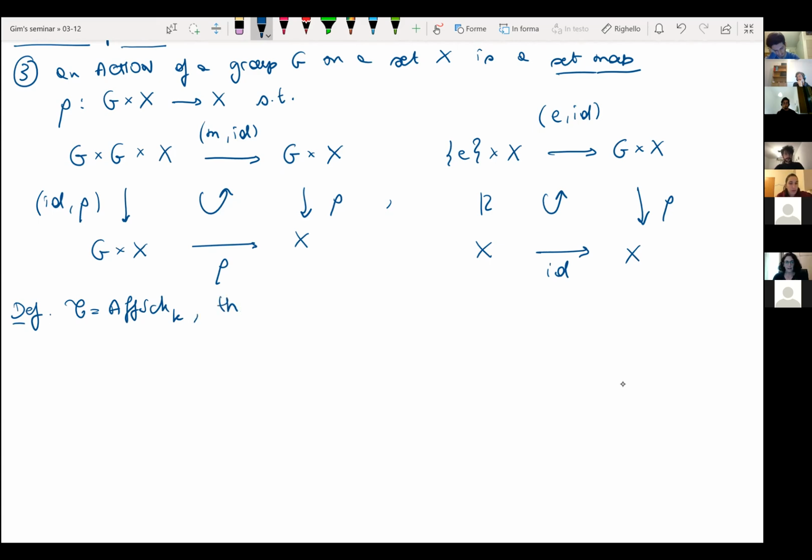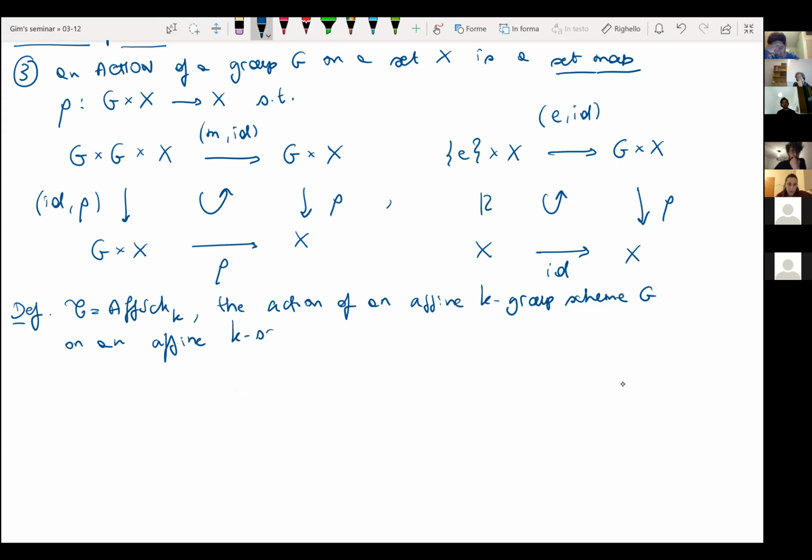The action of an affine K-group scheme G on an affine K scheme X is a morphism as above, which now must be a morphism in the category of affine K schemes, and the product in the category of affine K schemes is the fiber product.